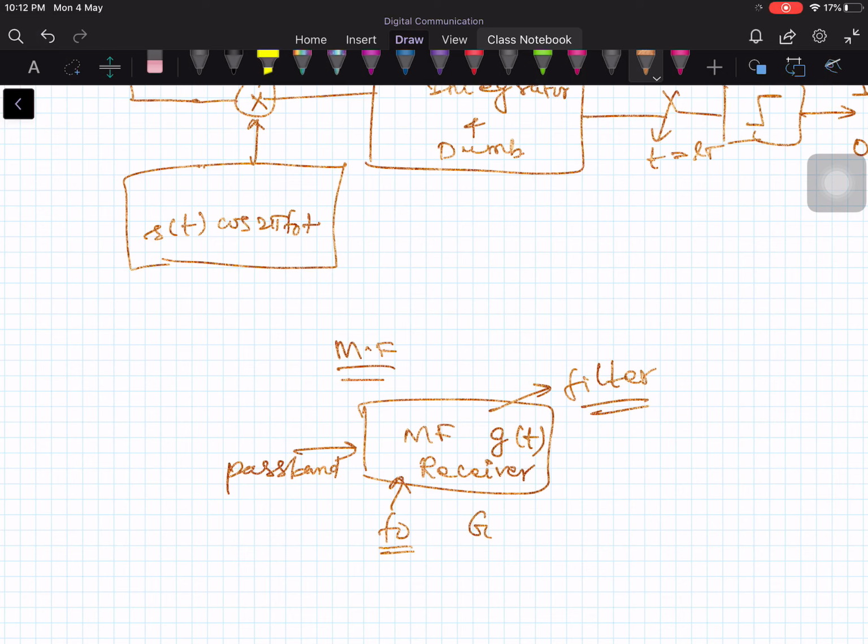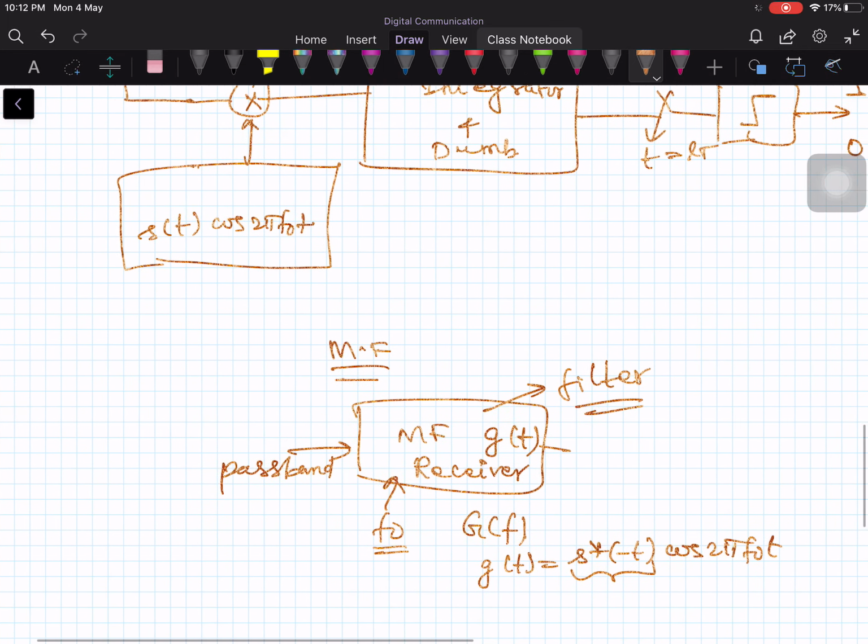The transfer function let me call G of f, and the impulse response is g of t, which is dictated by the shape. If it is a pass band matched filter, then g of t is equal to s conjugate of minus t times cosine of 2 pi f naught t. So this pulse dictates the shape of the filter, and this shape is sitting at the frequency f naught.